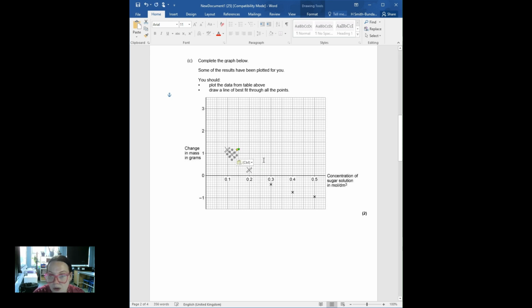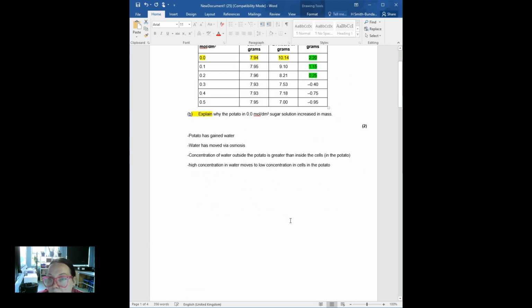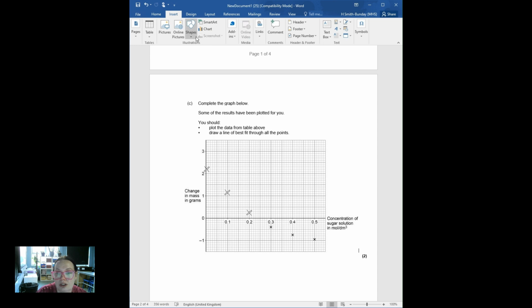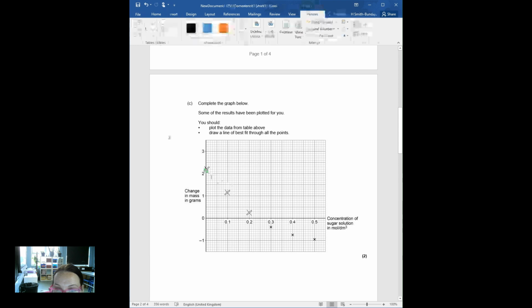Okay, let's do 0.1. 0.1 is 1.15. So this one's going a bit higher. Each one is going to be worth 1. So 1.1. And then in the middle for 1.15 is just here. And then the last one was 0.0, which was 2.20. So I'll go all the way up to 2 lines above, just there.